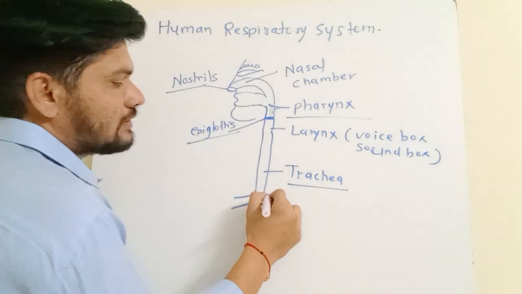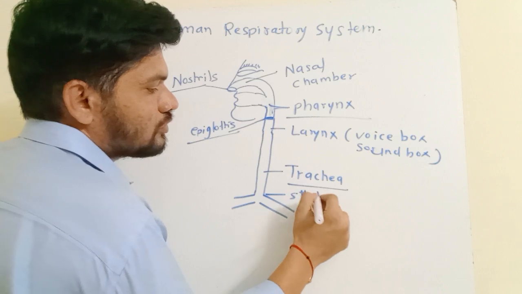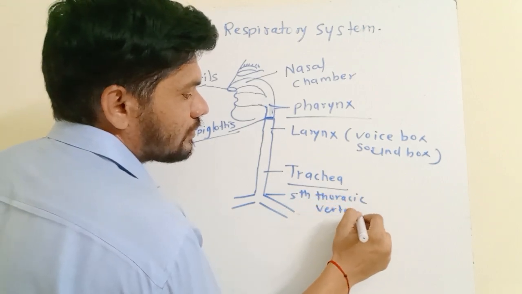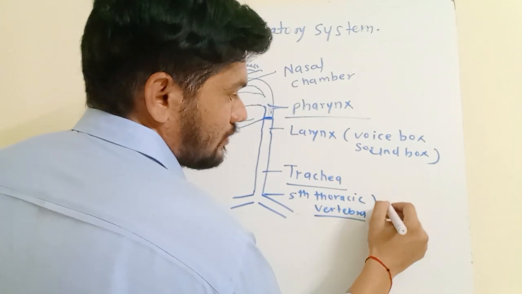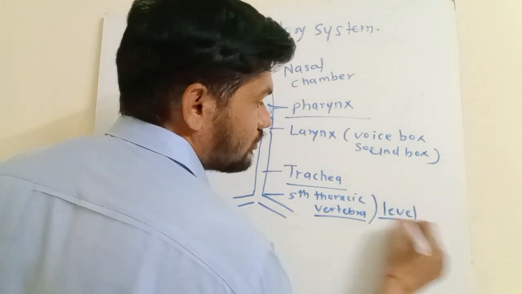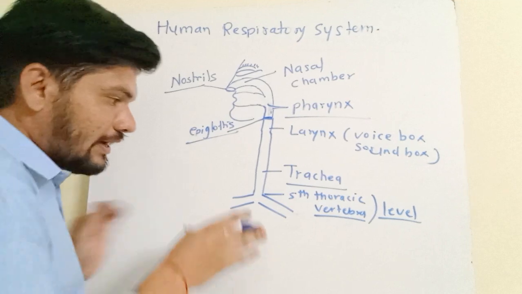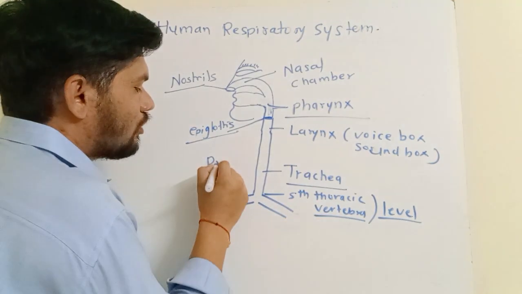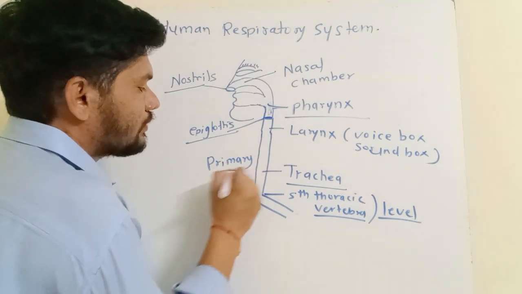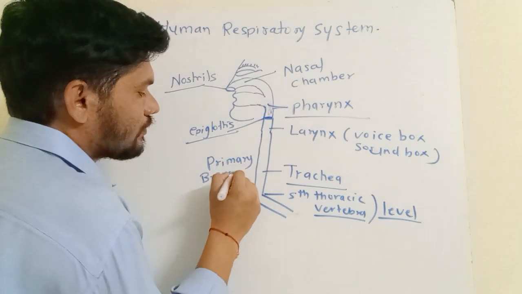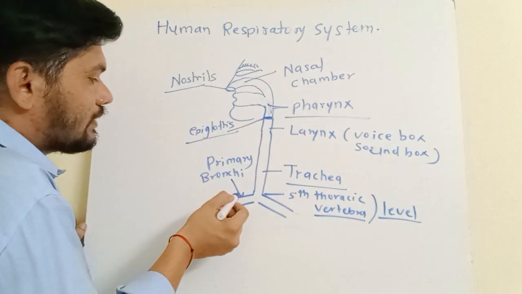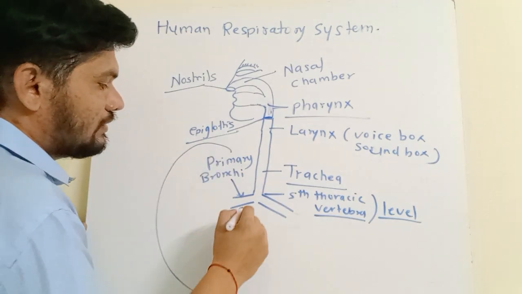It divides, forming two primary bronchi, and then these primary bronchi enter inside the lungs.